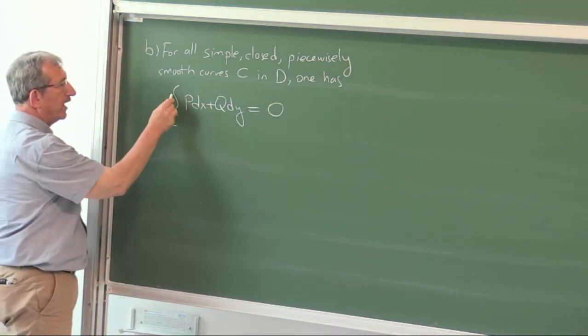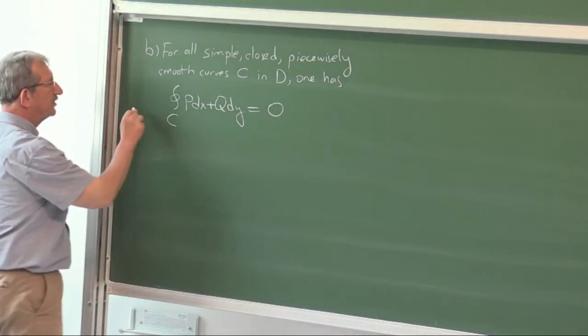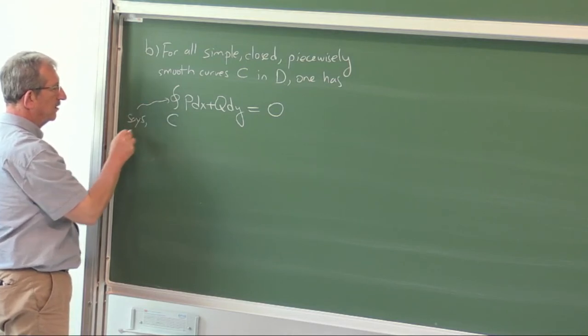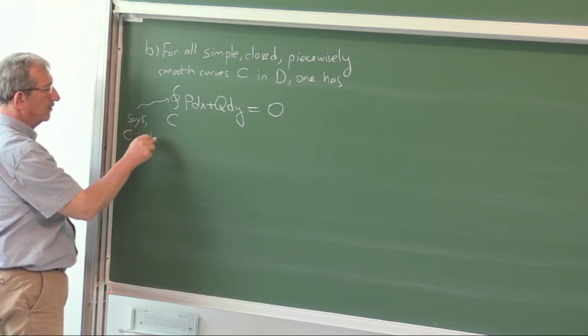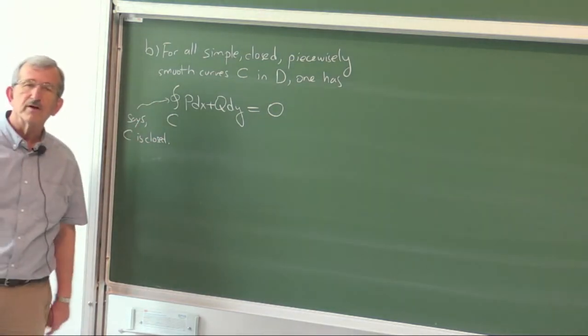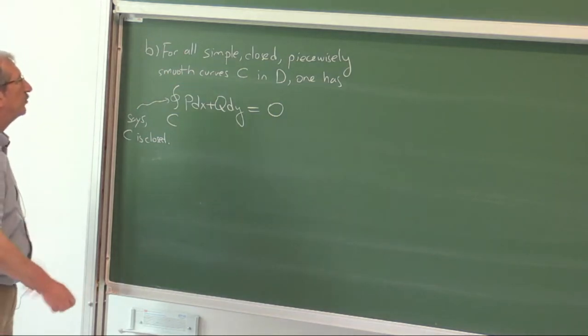Well, recall that we put a circle if C were closed. This just says that C is closed. And it's not an important thing. If you don't put it, but you know C is closed, it's good enough.